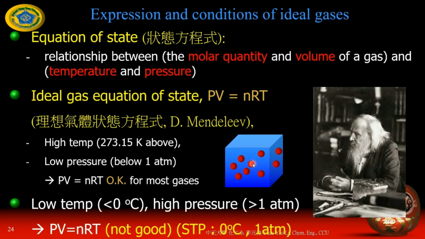If you have a low temperature, less than 0 Celsius, and high pressure, PV equal to nRT doesn't work, because this is not regarded as an ideal gas. You cannot use the ideal gas equation of state because this is not an ideal gas.